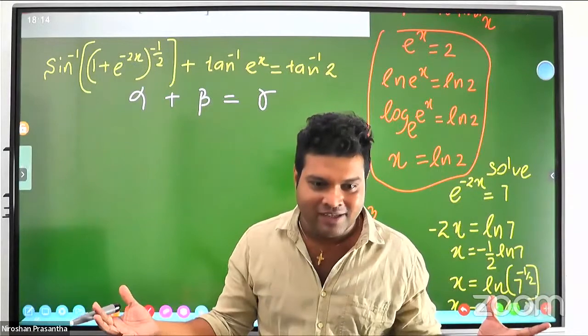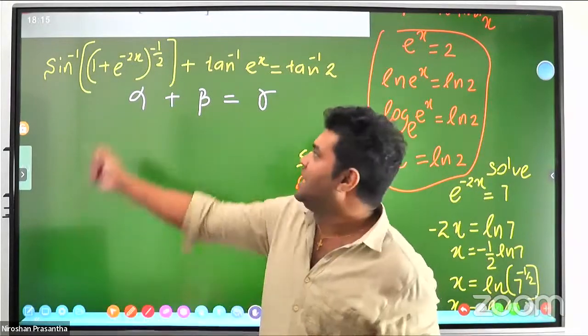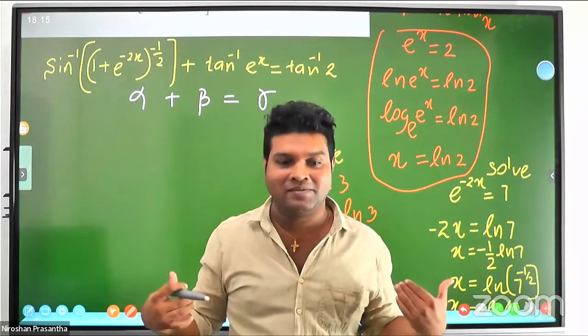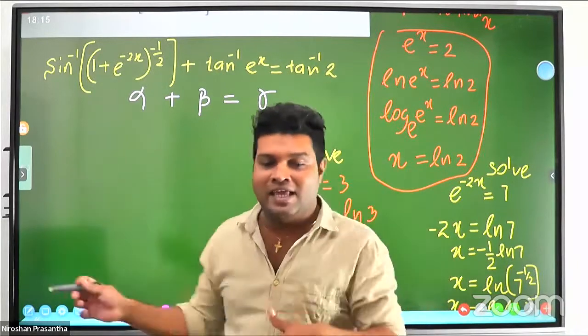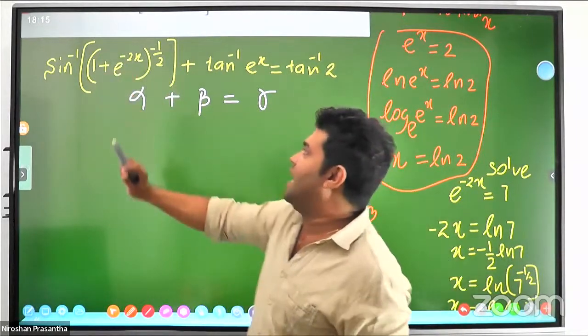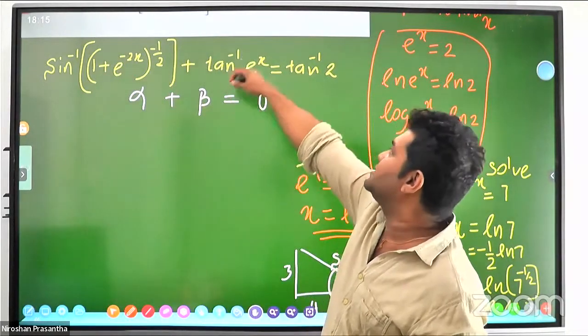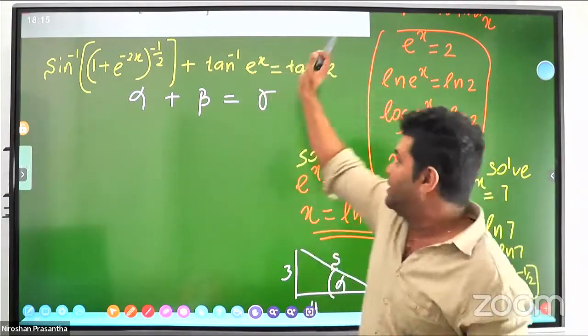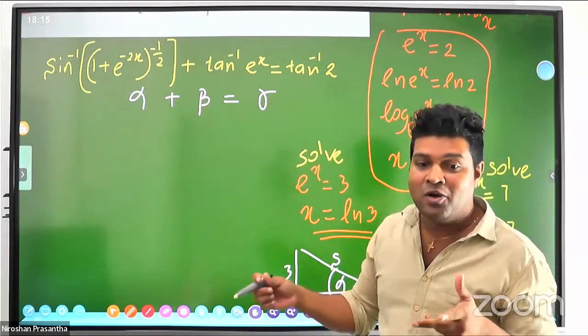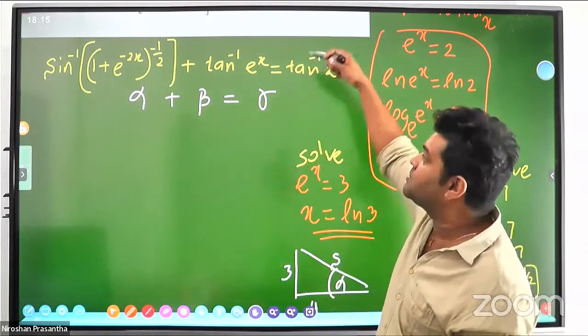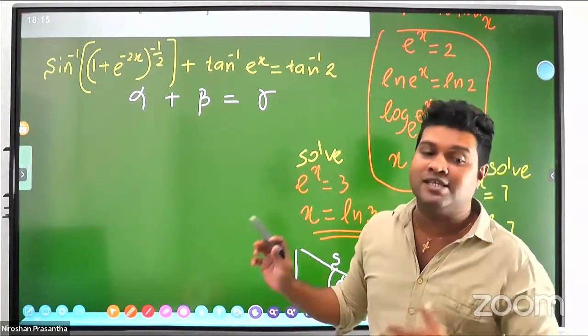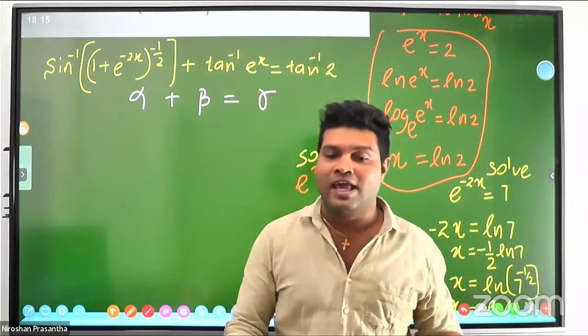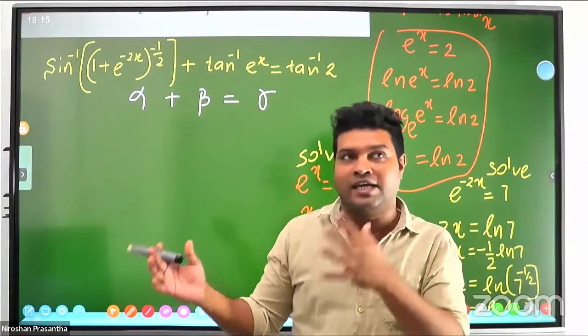Then may I convert this into tan inverse? Or otherwise, because of the sine inverse there, I can bring this tan inverse x to the other side, and then the right hand side will be in terms of sine inverse for the whole side, and we cancel the sine inverse and solve. This is the second concept.